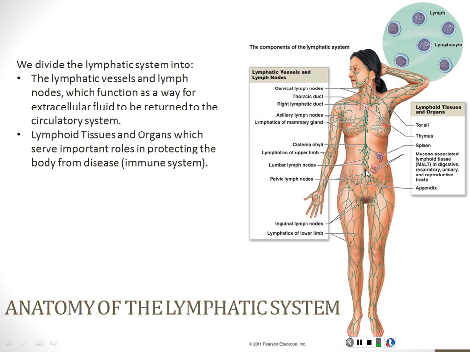And then you have a whole bunch of them in the abdomen that serve the digestive tract. All of these lymph nodes are strategically placed to prevent infection from going from a distal part of the body to the central part of the body. So they're strategically located to nab any infection before it gets a chance to spread out of that region.